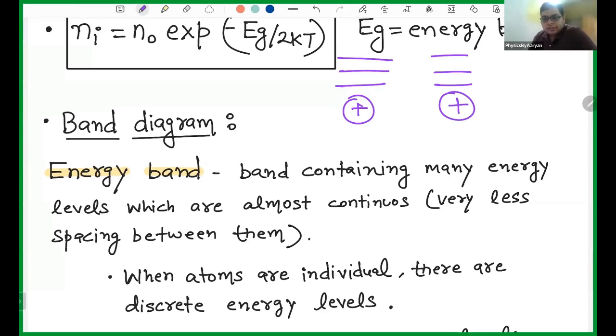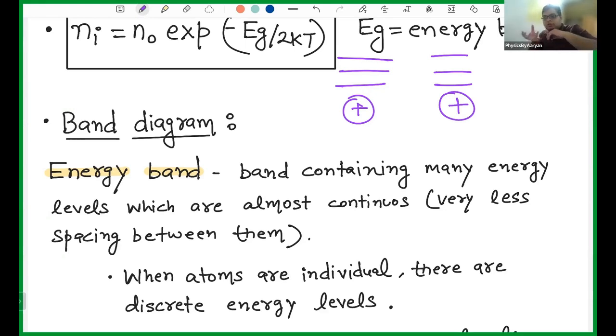So the band diagram basically says that you have two atoms. How do we get the bands? The first atom has discrete energy levels, the second has discrete energy levels. They both exist peacefully away from each other. Now someone decides, let's bring them together. Once I bring them together, the energy levels of this and the energy levels of this will start interacting with each other.